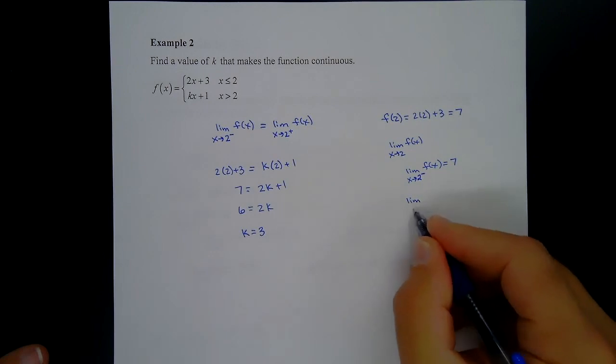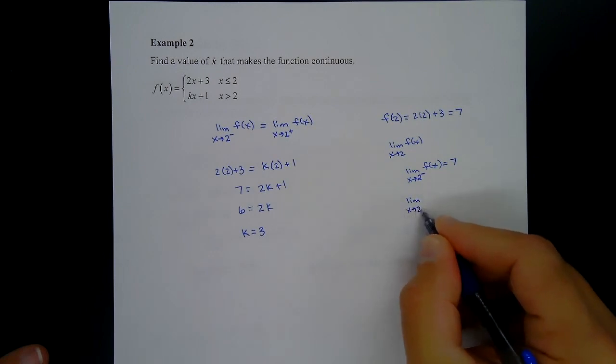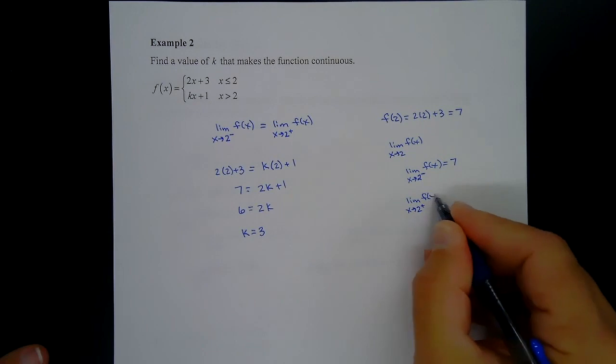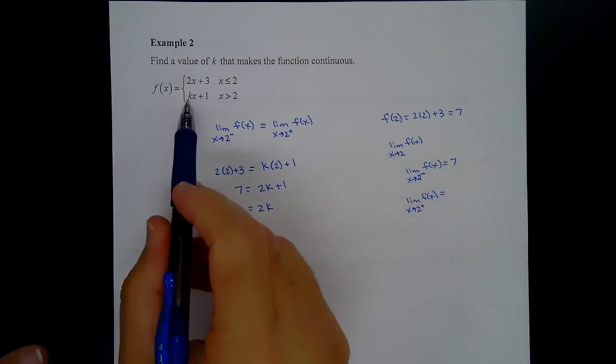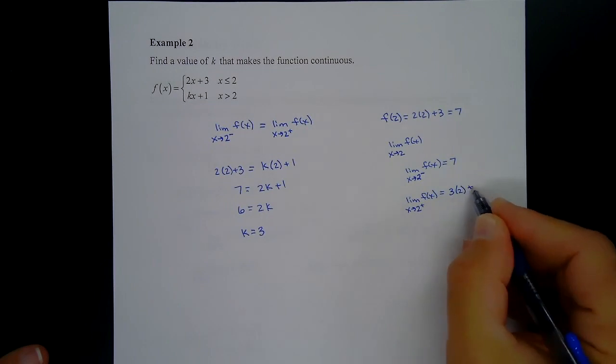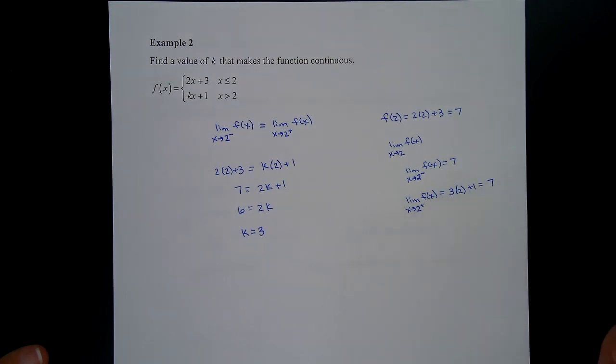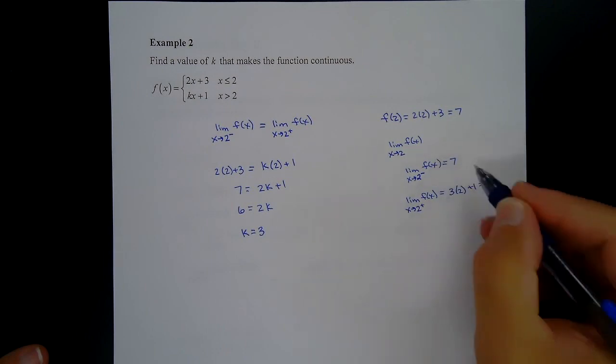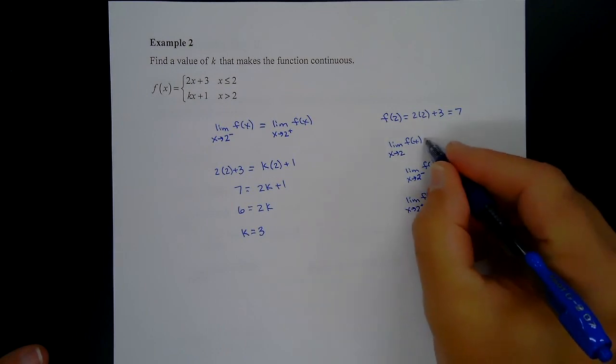The limit as x approaches 2 from the right of f of x would turn out to be my k value, which is 3, times the 2 plus 1, and that would equal 7, right? And so that means since these one-sided limits are both 7, the limit is equal to 7.